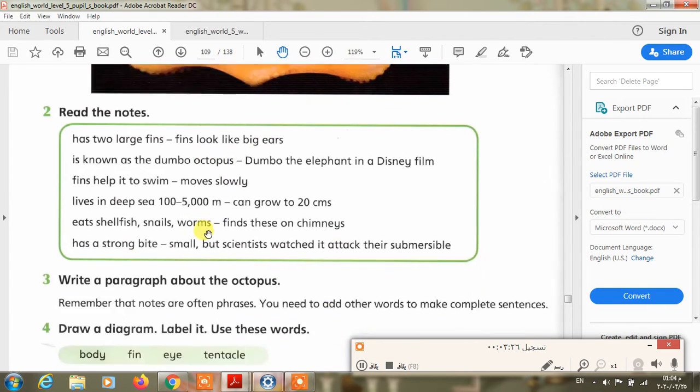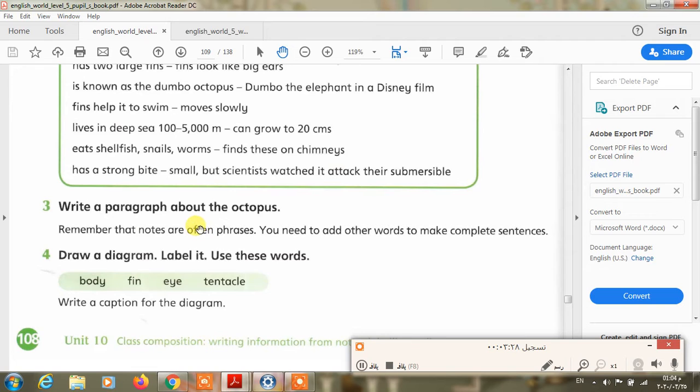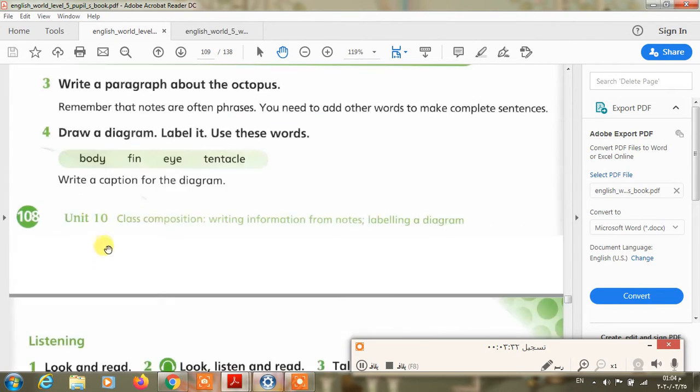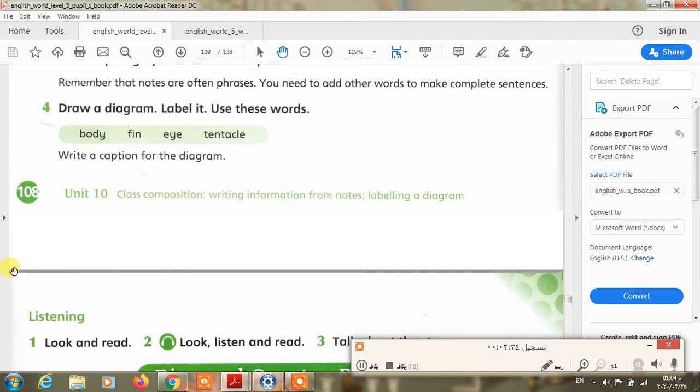We will draw a diagram and write a caption for the diagram. Okay, for example, listen to this model. We will write from your own point of view, but this is a model.